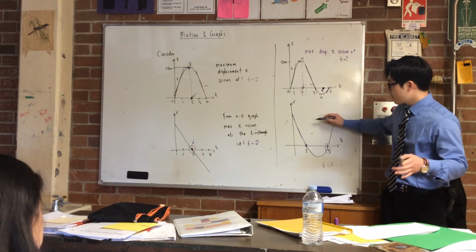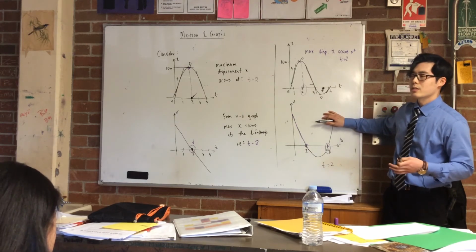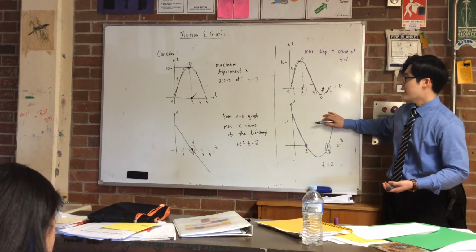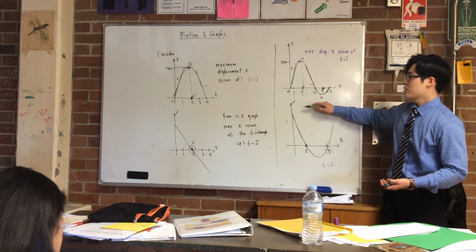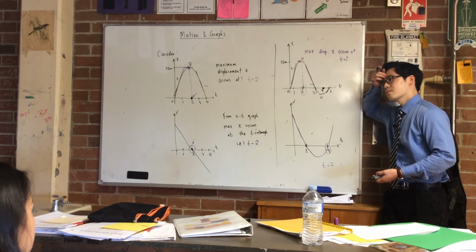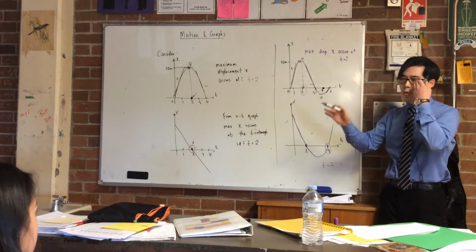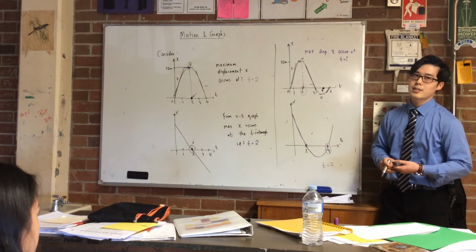One more thing, girls, another question. Let's say this was a graph. This is another question that does come out. How many changes of direction are there? So let's go back to the moving man. If the velocity is negative, you're going to the left, yeah? If the velocity is positive, you're going to the right, yeah?